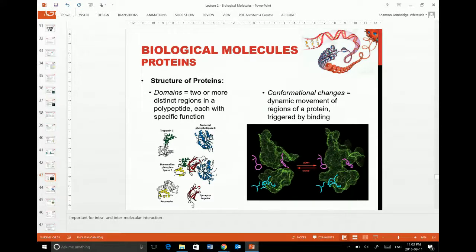When you look at some of these proteins, as I said, some of them can be 450, even up to 1,000 amino acids in length. So you can get these really huge proteins. And when you get such big proteins, and there's an example here of phospholipase C, different parts of this protein can actually take on sort of specialized functions.